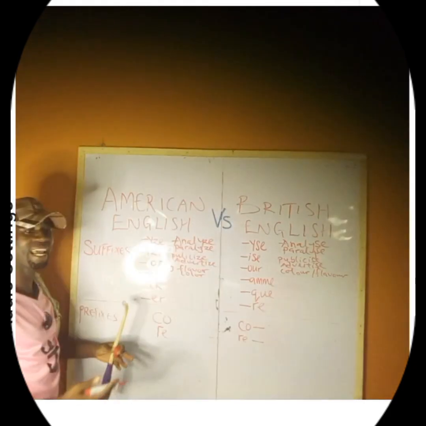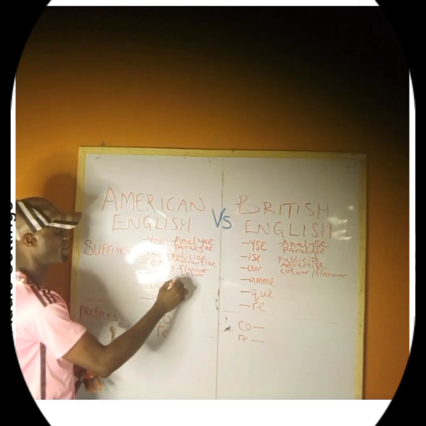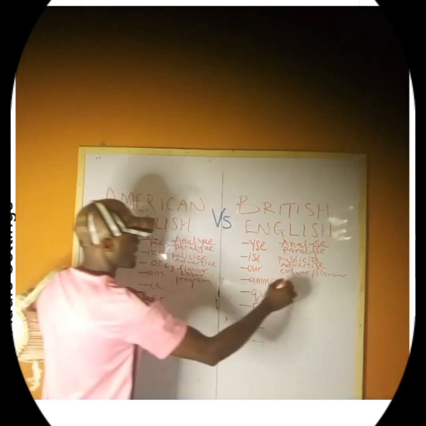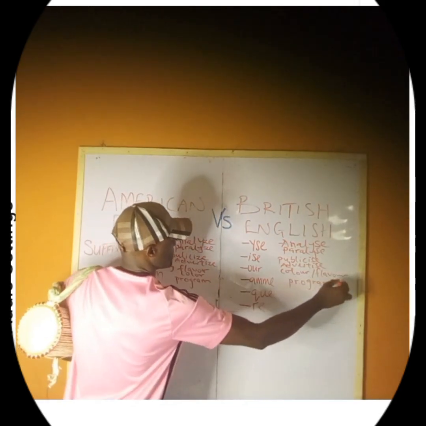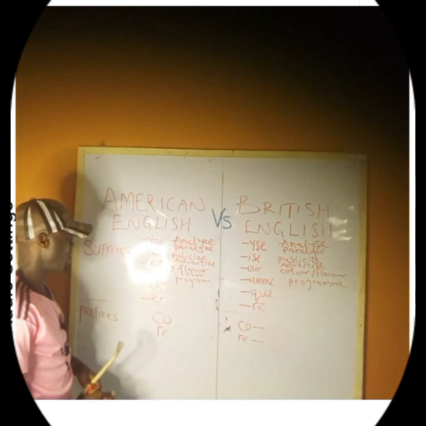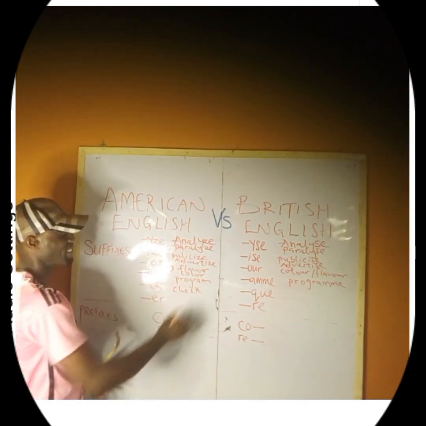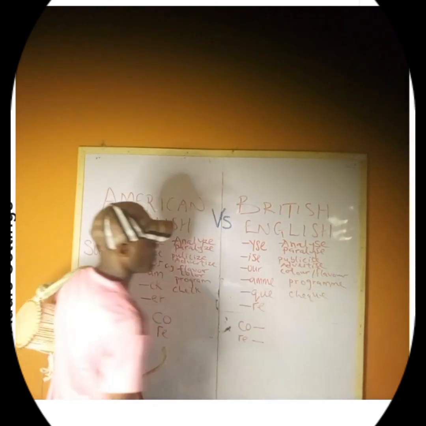What about the AM suffix? You have words like program, and for British English you have words like programme. You get it? What about the CK suffix? You have a word like check, and you have a word like cheque for British English.